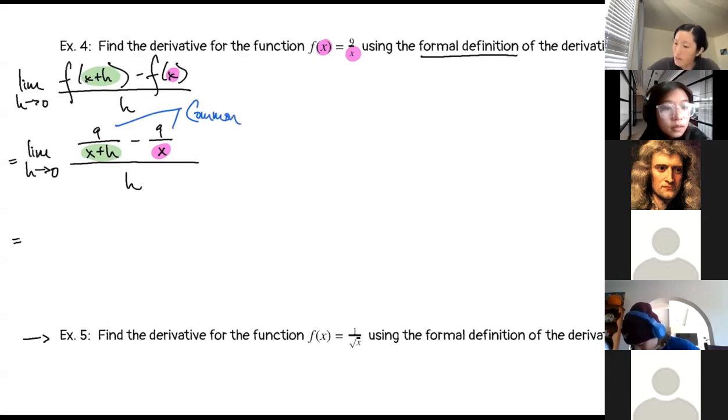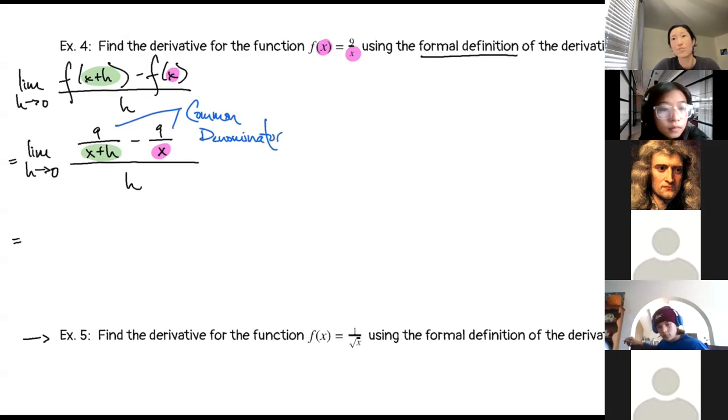Even though this was stuff that we learned in the last chapter, some of these strategies are really valuable in other contexts as well. And so let's go ahead and rewrite this. In the example that I did in class, I split this into 2 fractions.